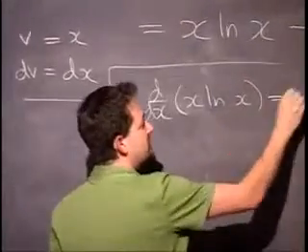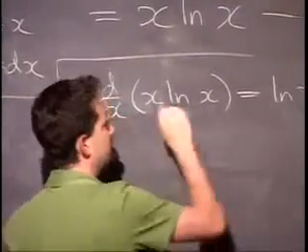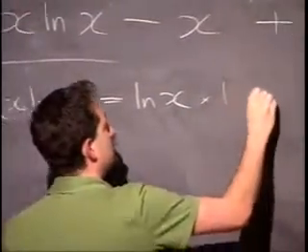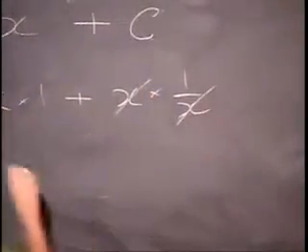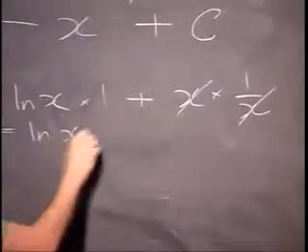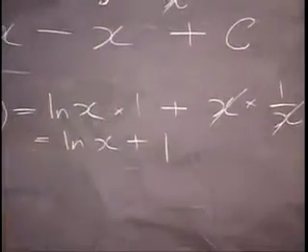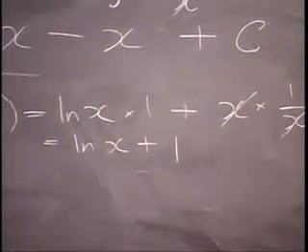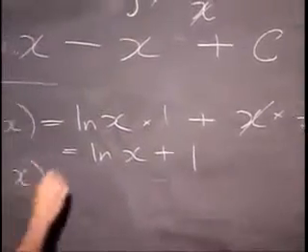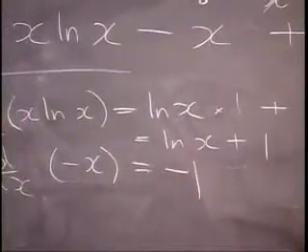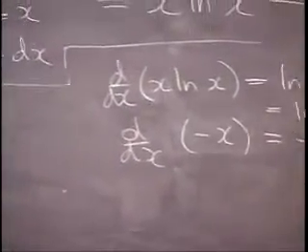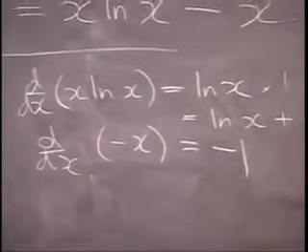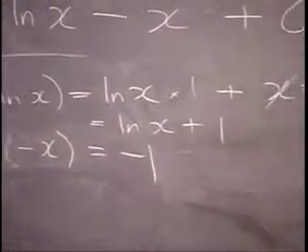This is log x times 1 plus x times 1 over x. So this is just log x plus 1. But the derivative of minus x, which is the other piece, is minus 1. And so that will cancel out with the plus 1. And you will indeed get log x. So there's just a little sanity check, since I seem to be losing my sanity.